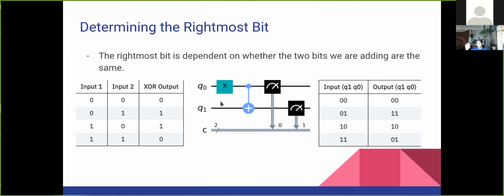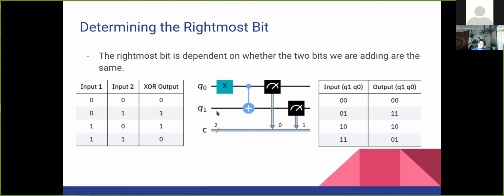The NOT is not part of the operation; it's actually the encoding of our information, of our actual terms in the addition. So what we want to do is add 1 and 0, and so we are going to say, okay, qubit 0 is 1, qubit 1 is 0.